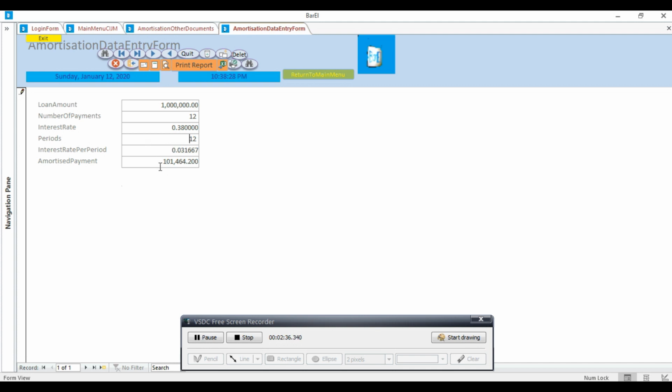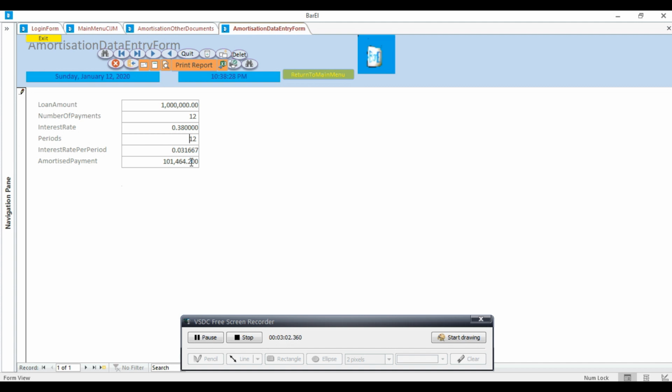Therefore, the amount which we are supposed to pay in servicing this loan is 101,464.20 tambara. There's just a slight difference of this amount with the amount we found in Excel. With Excel, it was 101,464.19 tambara.